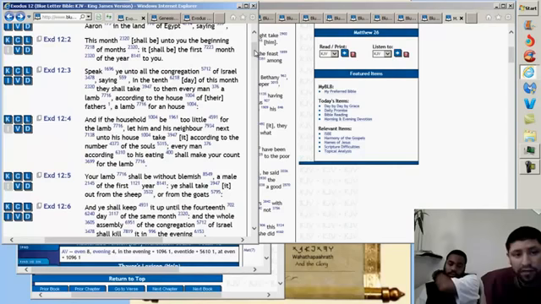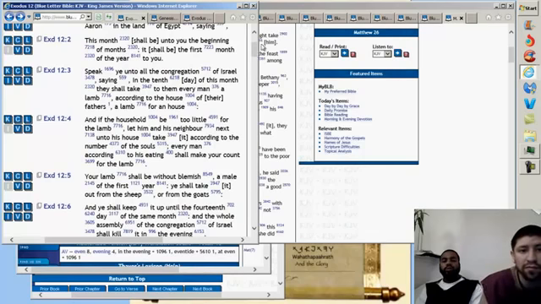The 10th day. Then you have other phrases which we'll see in the New Testament where it says the first day. Well, you can't tell what the first day is or what the second day is unless you know what the first day is, and that's determined by the new moon. Okay, it said in the 10th day of this month, you're going to get a lamb ready.